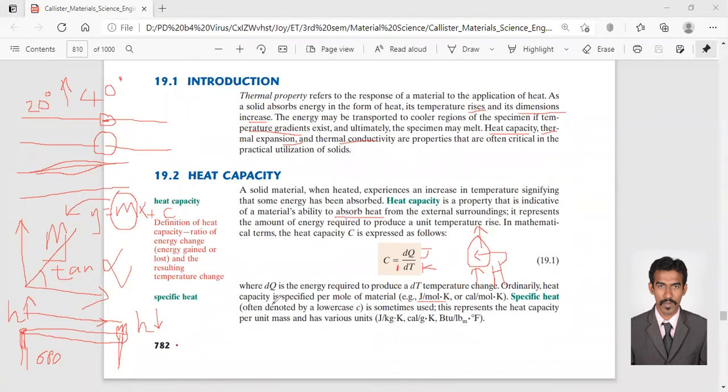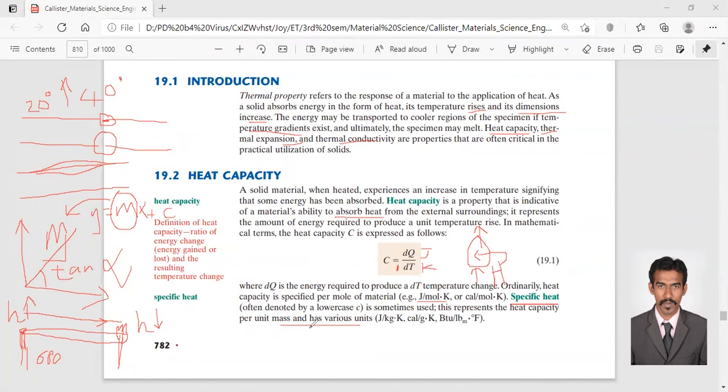The specific heat, often denoted as small c, is sometimes used. This represents the heat capacity per unit mass. So here the unit mass is not there for heat capacity, but when it comes as specific heat capacity, we have that unit mass.